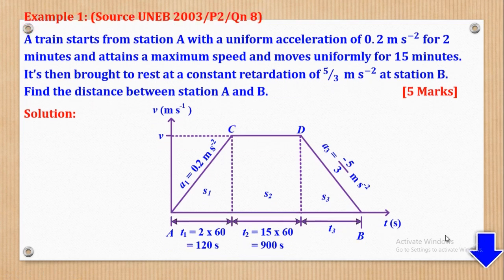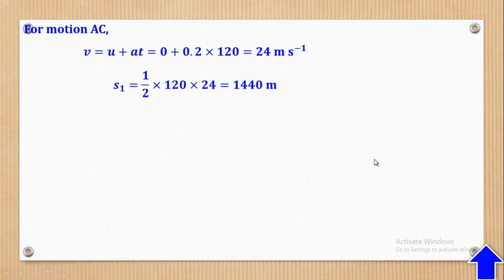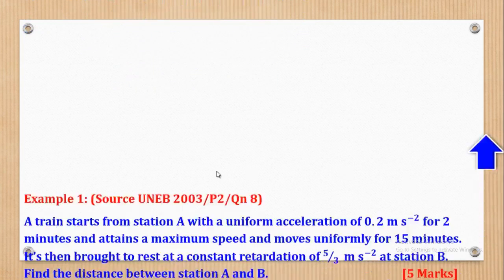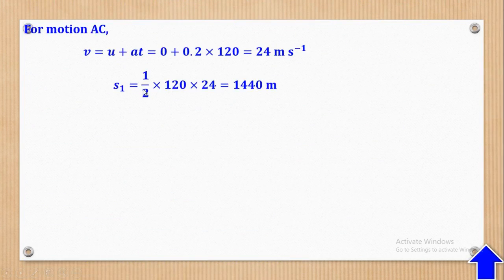When we use that, we shall come up with V equal to 24 meters per second. Now that we have got V, we can get the area of that triangle, which will be a half times base, which is 120, times height, which is the value of V we have got. So when we do that, we shall come up with S1 being equal to 1440 meters.